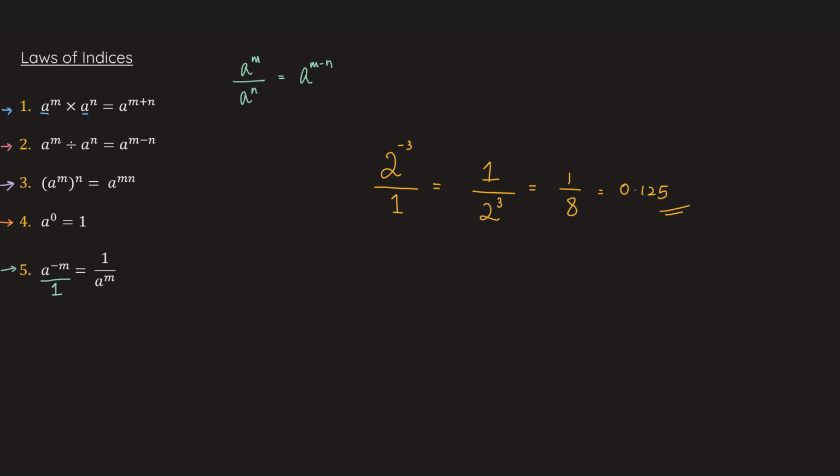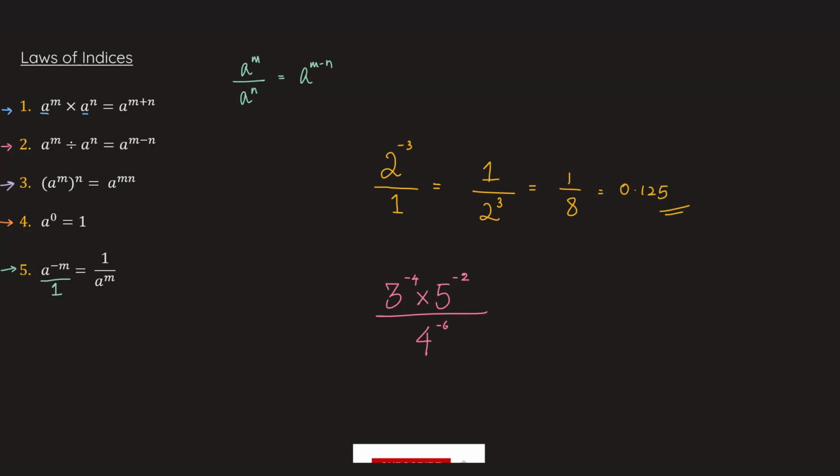So let's go ahead and look at a few examples, like let's say 3 to the power negative 4 times 5 to the power negative 2 divided by 4 to the power negative 6. Now, as I mentioned, all of these powers are negative, right? So minus 4, minus 2, and minus 6, these are the powers.